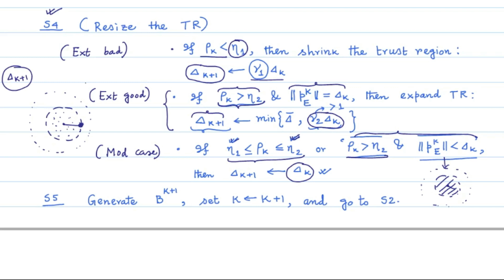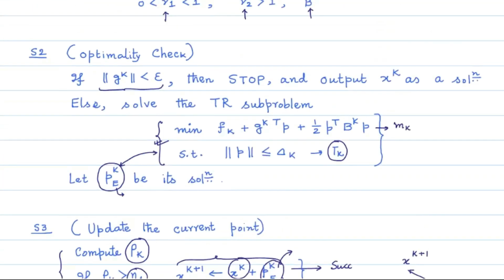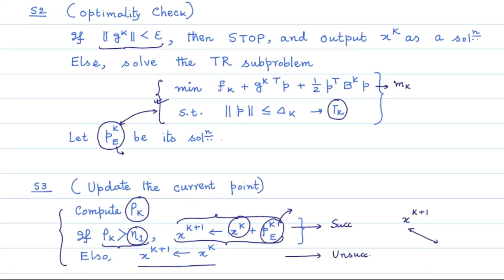After finding this delta k plus 1, in step 5 we generate an approximation of the Hessian at xk plus 1. Then we increase the iteration counter and go for checking optimality at the point xk plus 1. In step 2 we check whether the norm of the gradient at xk plus 1 is less than epsilon or not.